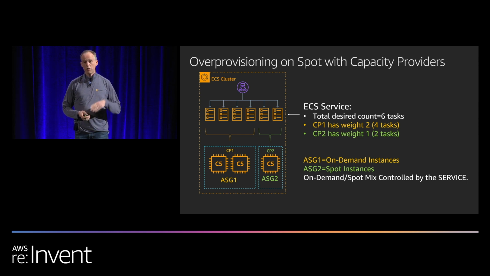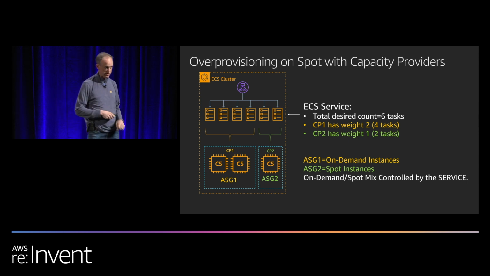So if you configure one auto-scaling group to be all on-demand instances, and the other auto-scaling group to be all spot instances, now you have the ability to take that one service and split it across those 2 auto-scaling groups. And the service can control through the weight how many tasks run on each.